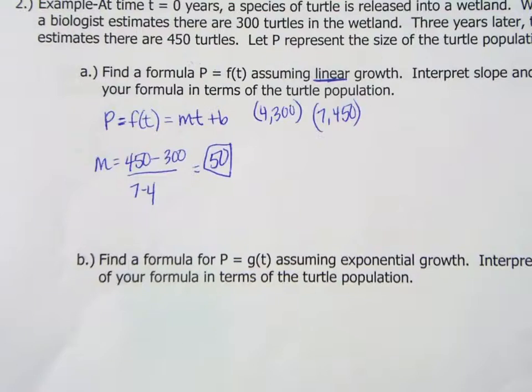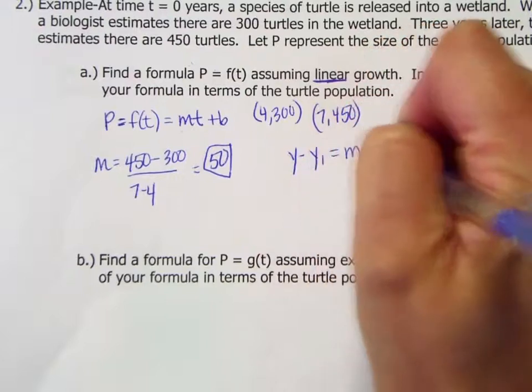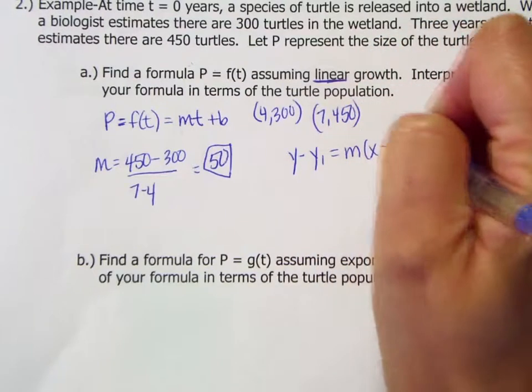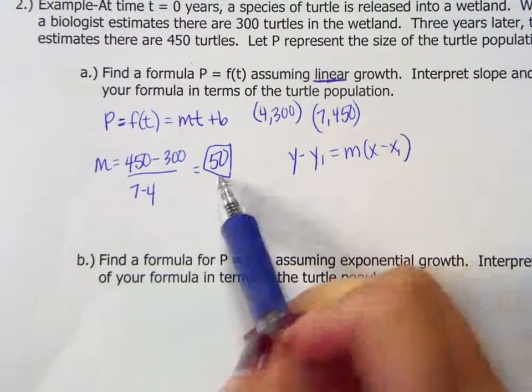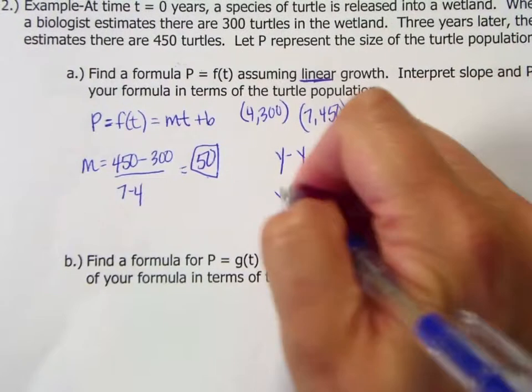You should be getting that our slope is 50. And then I am going to use my point slope form with my slope that I just found and one of those points to write my actual equation.